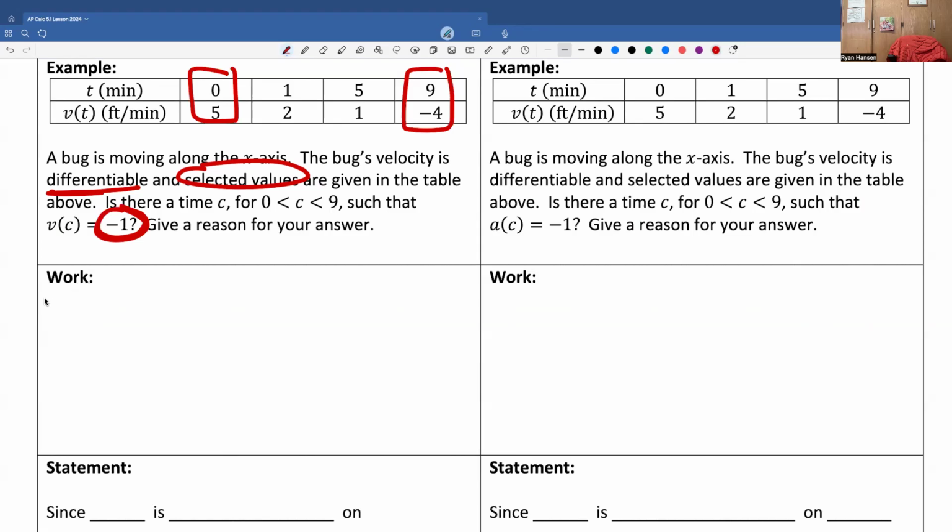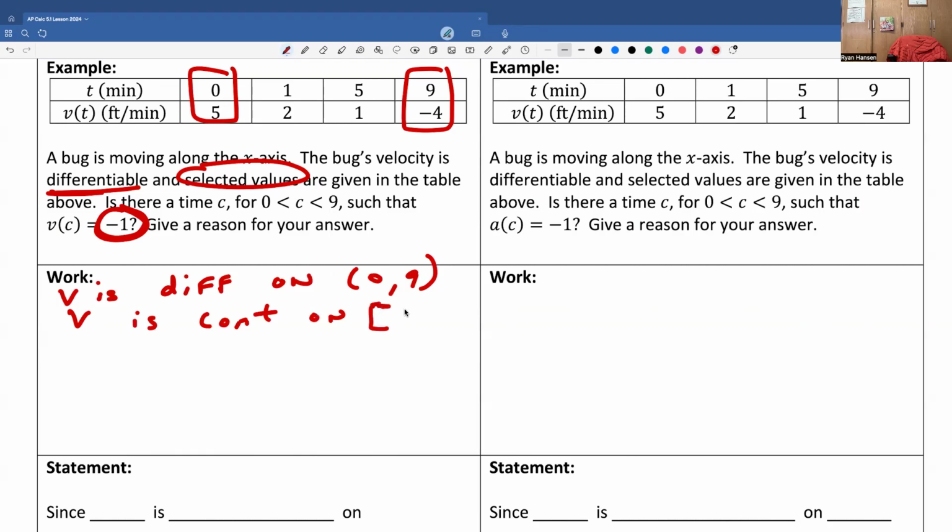They told us that it is differentiable. So they said V is differentiable on what interval? On the open interval 0 through 9, which means that V is continuous on the closed interval 0 to 9.